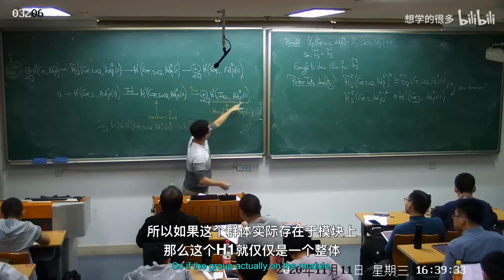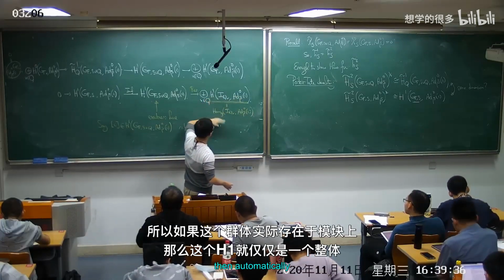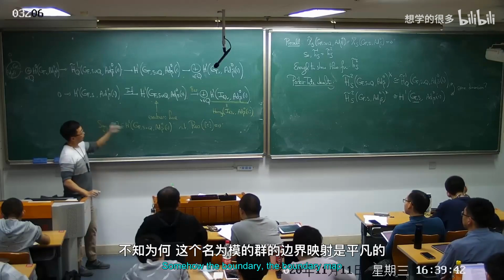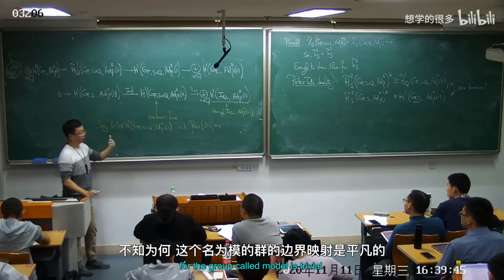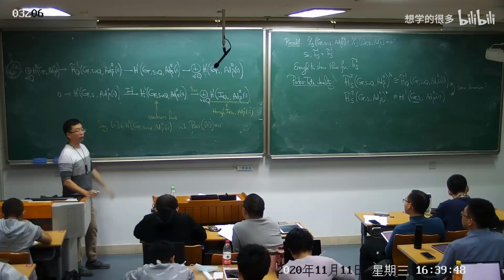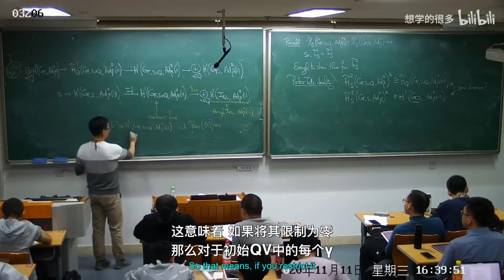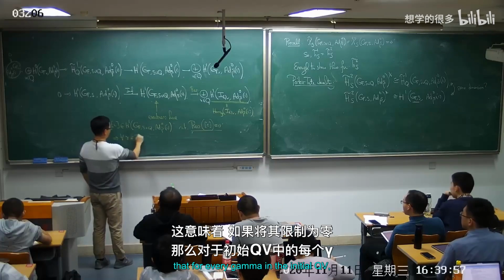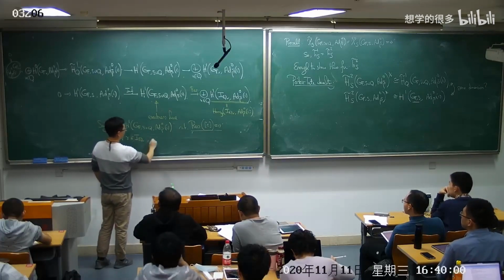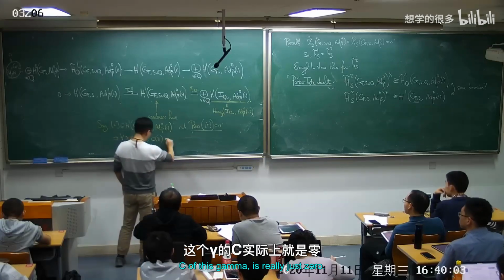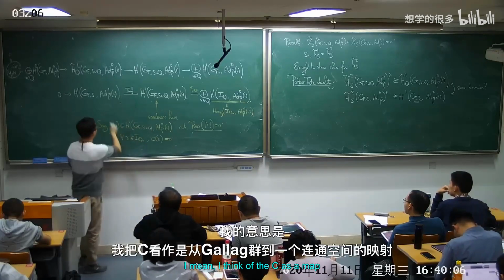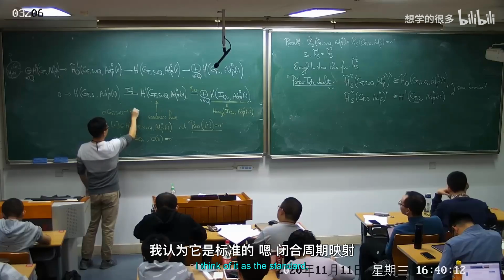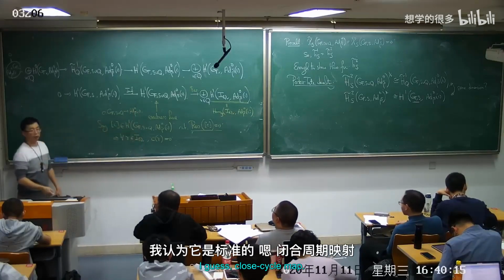So if the group acts trivially on the module, then automatically this H1 is just a Hom, a group homomorphism. Somehow the boundary map for the group cohomology is trivial. So that means if you restrict it to be 0, then for every gamma in the inertial group at Q, C of this gamma is really just 0. I think of C as a map from the Galois group to the adjoint, the standard cocycle map.